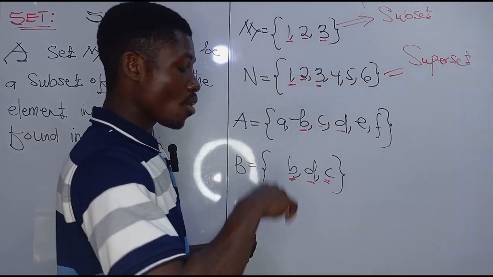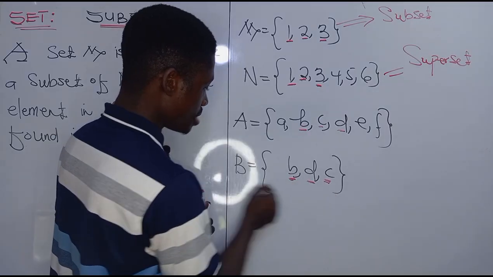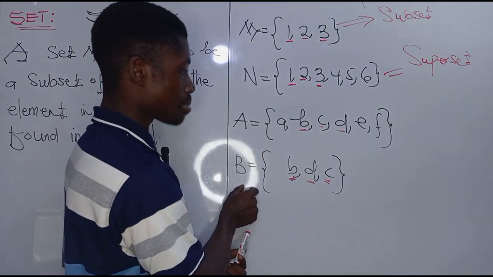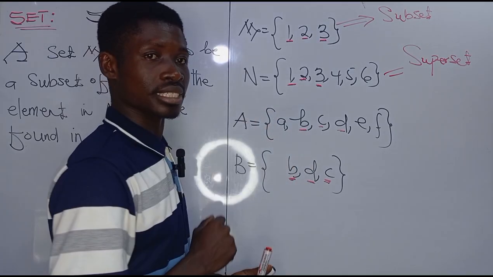So all the elements in set B can be found in set A. Therefore, B becomes a subset of this particular set A.